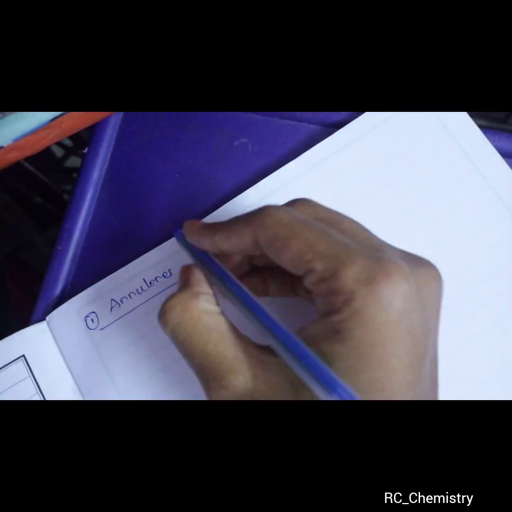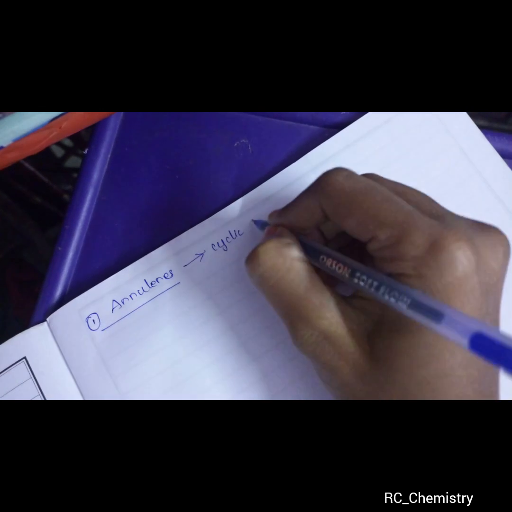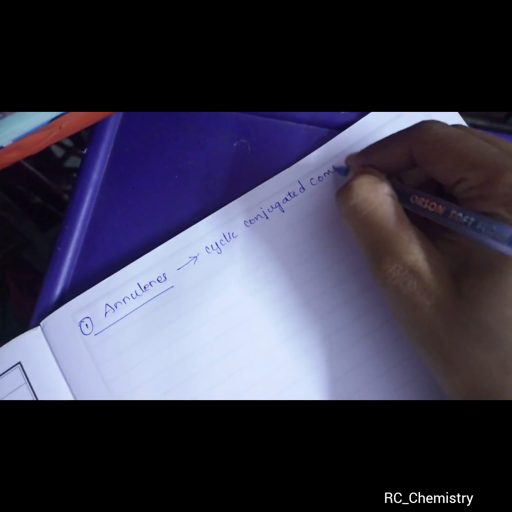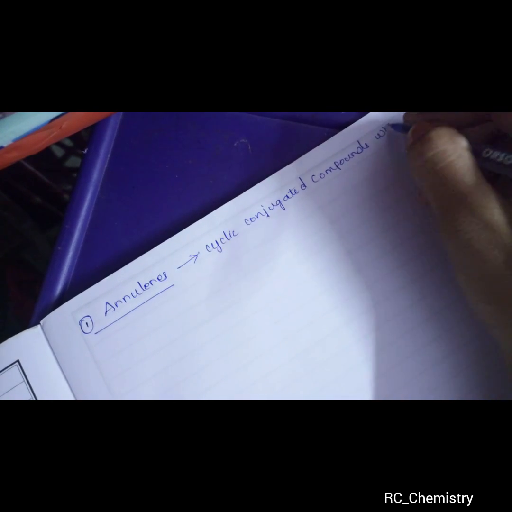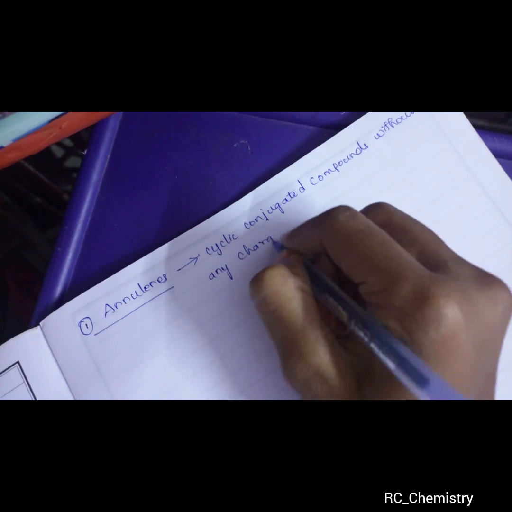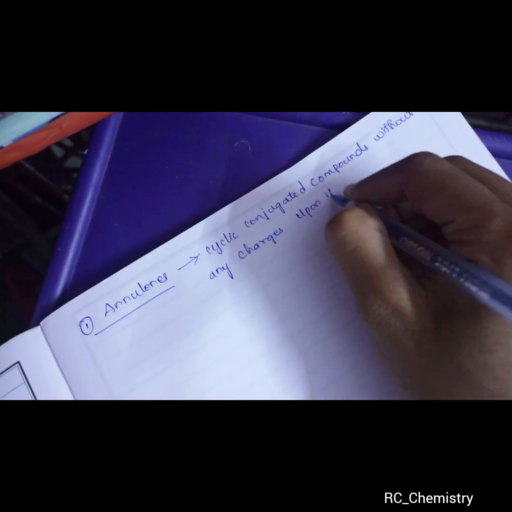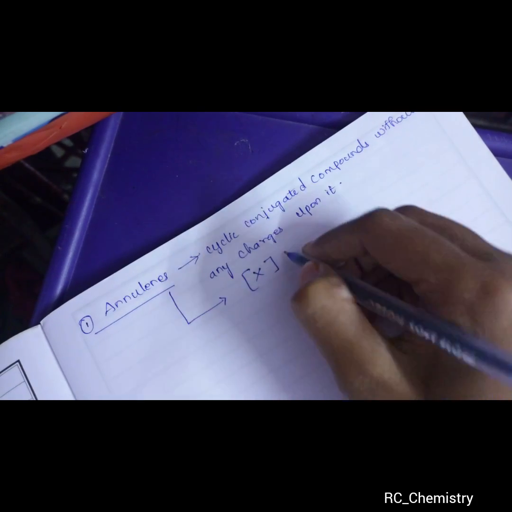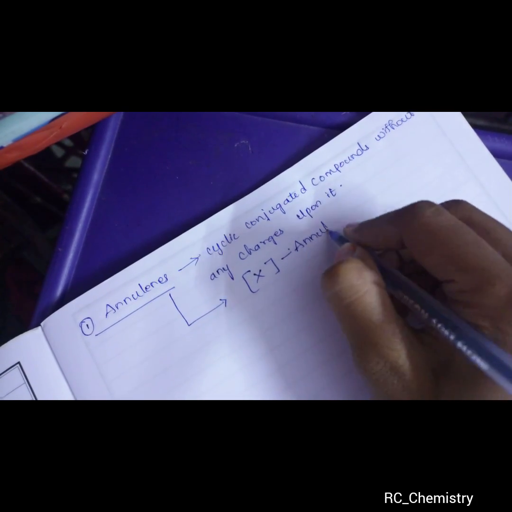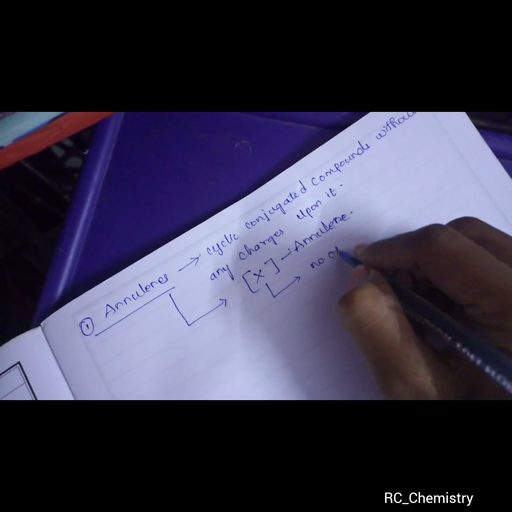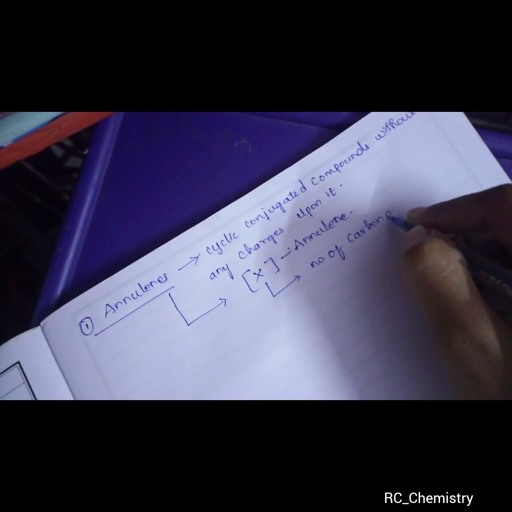Annulenes are nothing but cyclic conjugated compounds without any charges upon them. We can represent an annulene as X annulene, where X represents the number of carbon atoms.